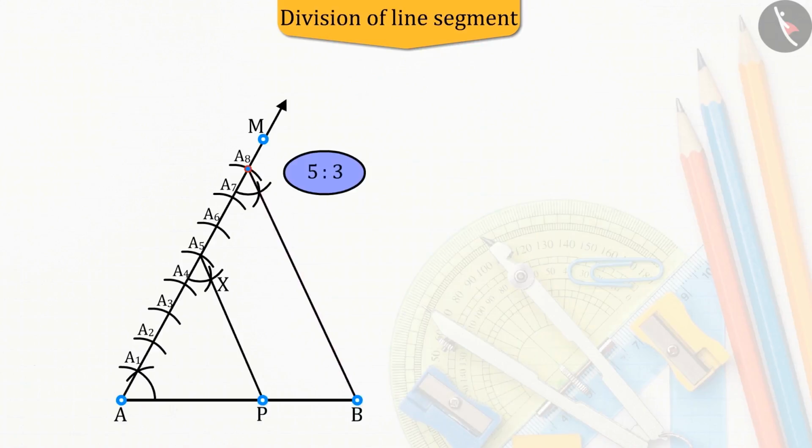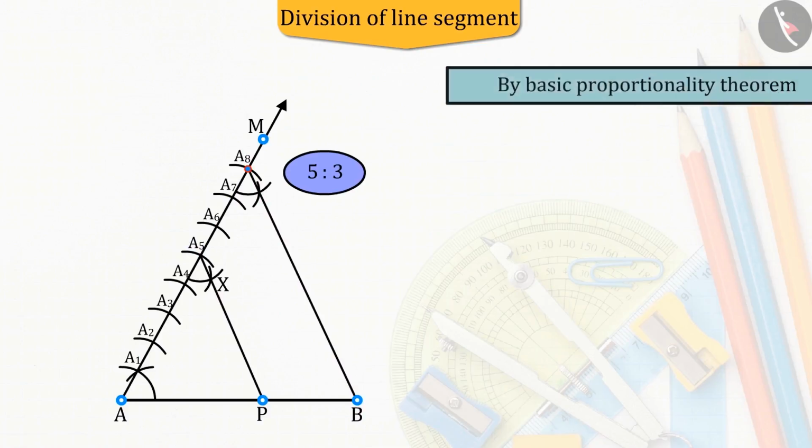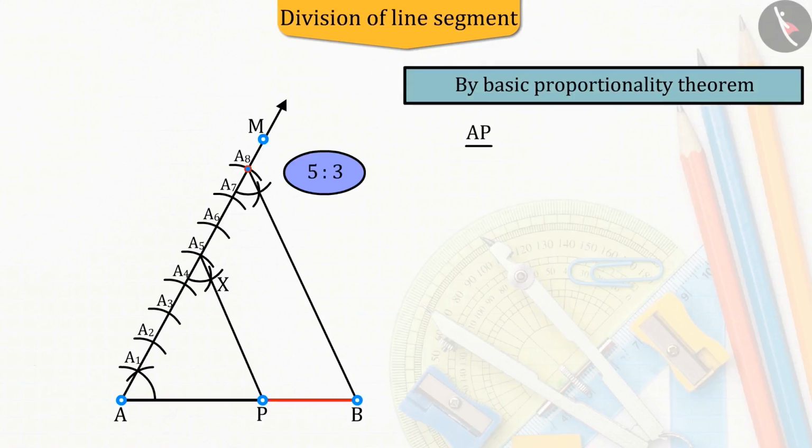If the triangle ABA8 is focused upon, the lines BA8 and PA5 are parallel to each other. Now, from the basic proportionality theorem, we can say that AP upon PB is equal to AA5 upon A5A8.